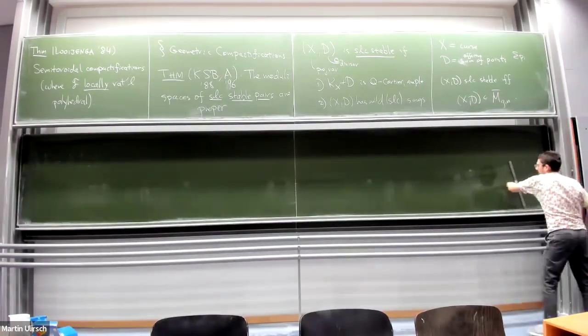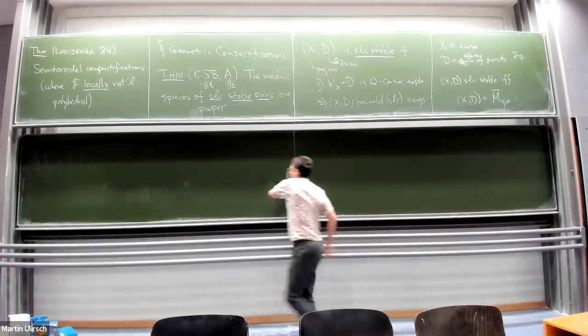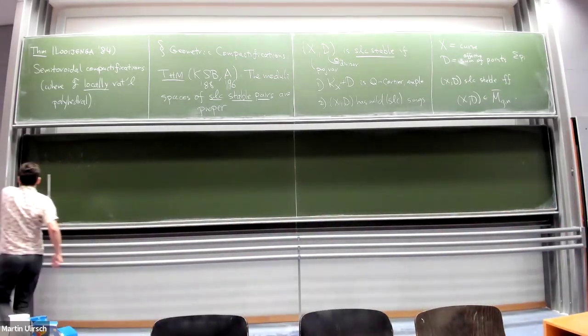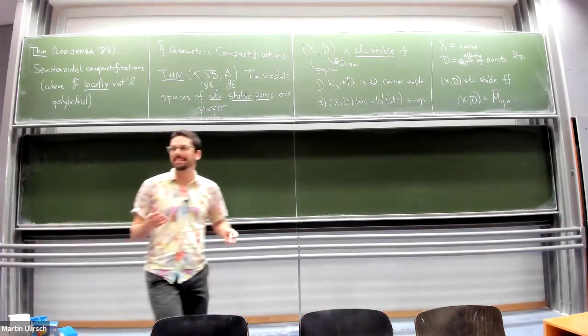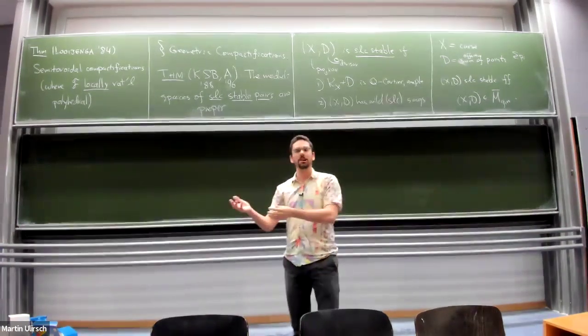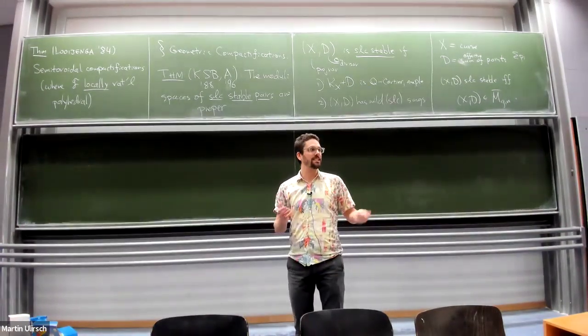So there's obviously an issue with using this to compactify the moduli of K3 surfaces, right? Because the canonical bundle of a K3 surface is trivial, right?